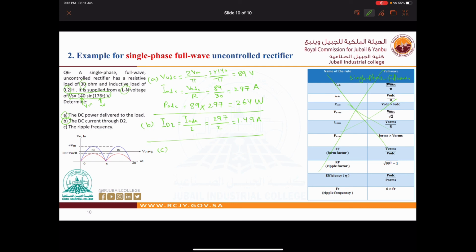For C, he said the ripple frequency. Find the ripple frequency, which is the supply frequency multiplied by the number of pulses. So the supply frequency is omega. Now this is a very important note. We have omega now, we don't have frequency. So omega is the angular frequency, is the frequency in a circle.